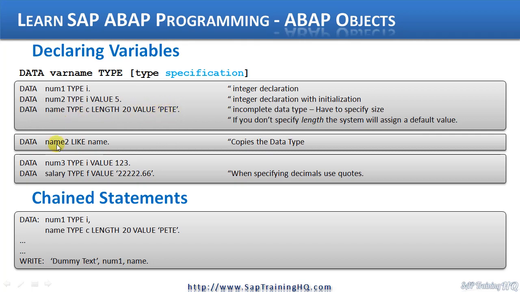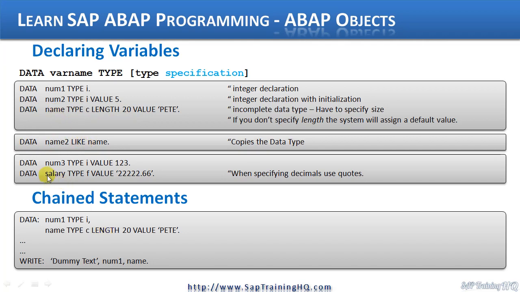Next down, we can use the LIKE statement, and with the LIKE, instead of specifying the actual type, we can use a built-in type in the system. So you can see here we define the name variable with a type C, length 20. So now we can create name2 to be exactly the same as name.